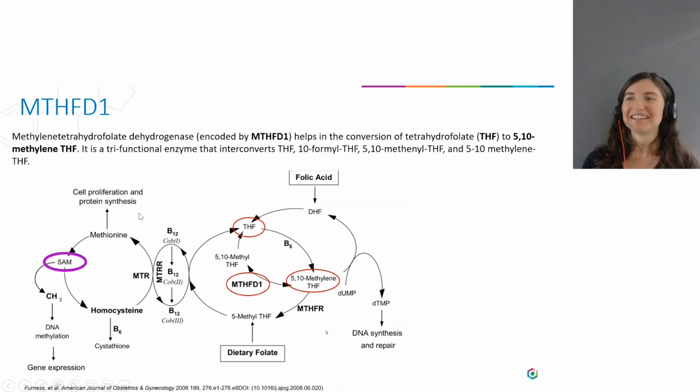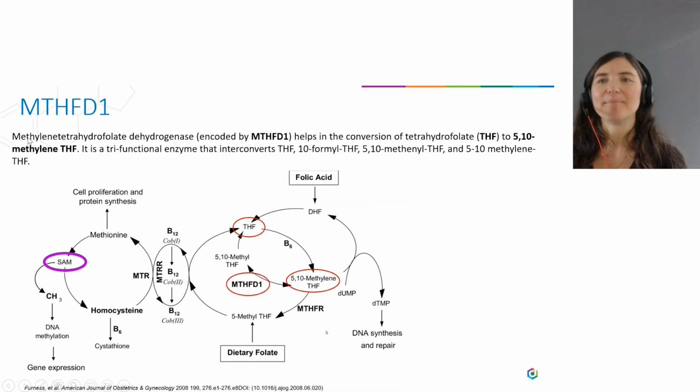All right. So now we have, let's see if I can pronounce all these, methylene tetrahydrofolate dehydrogenase, encoded by MTHFD1. So right here, this enzyme helps convert tetrahydrofolate over to 5,10-methylene tetrahydrofolate.